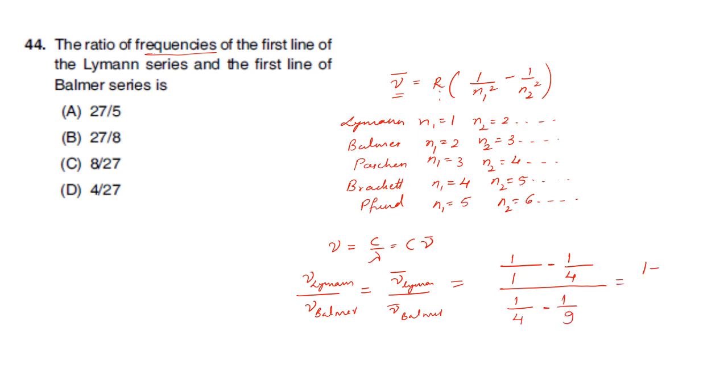That is 1 minus 1 by 4 divided by 1 by 4 minus 1 by 9, 36, 9 minus 4. So it is 3 by 4 divided by 5 by 36. 3 by 4 into 36 by 5. Answer is 27 by 5. Option A is correct.